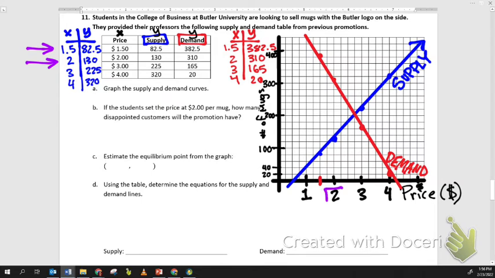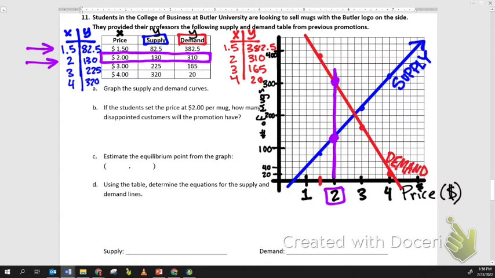I can look at if the mugs are $2. That'll be up here. So it would be right there and right there. The other place I can look to be more precise is in my table, because they give me the exact supply and demand for $2.